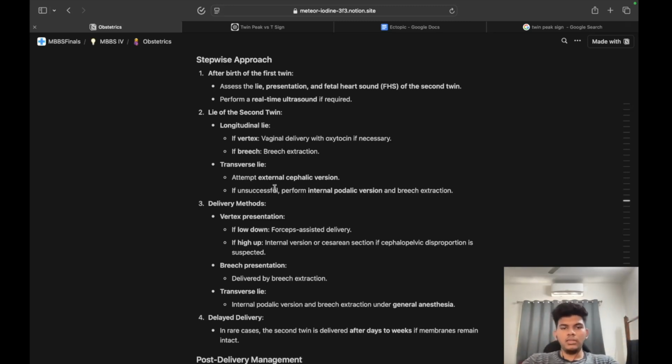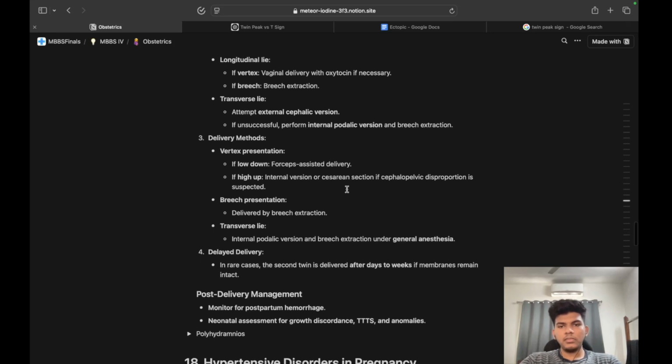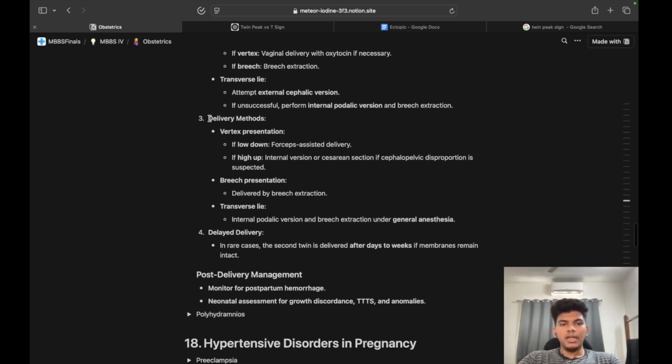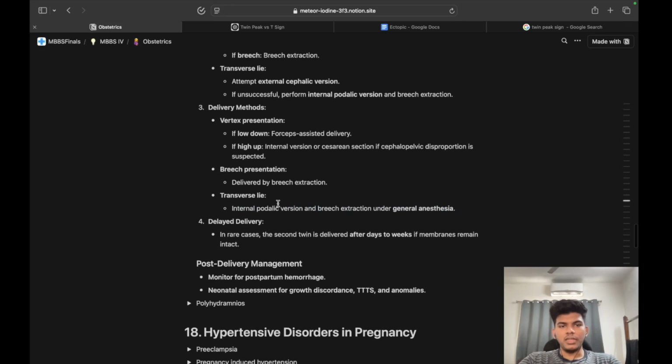In that case, you do the external cephalic version, or if that doesn't work, internal podalic version, and then breech extraction. Delivery methods: vertex presentation, if low down, forceps assisted delivery; if high up, internal version or cesarean section if cephalopelvic disproportion is suspected. Breech presentation is delivered by breech extraction, and transverse lie by internal podalic version and breech extraction under general anesthesia. This we have seen already.